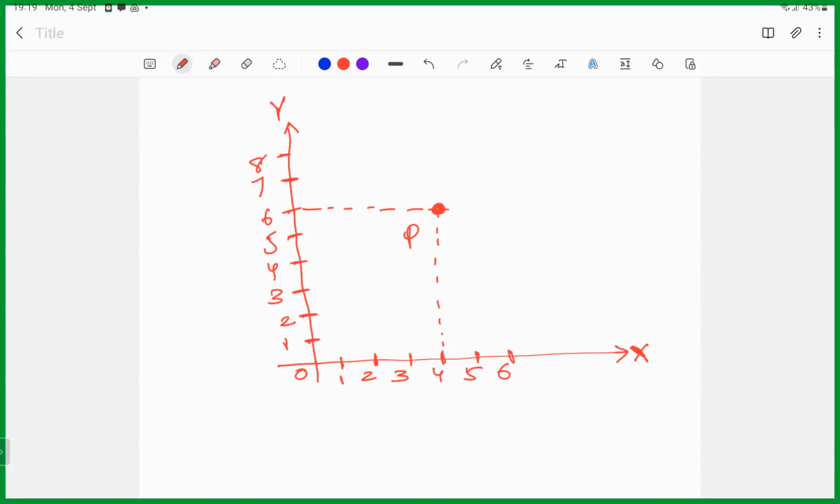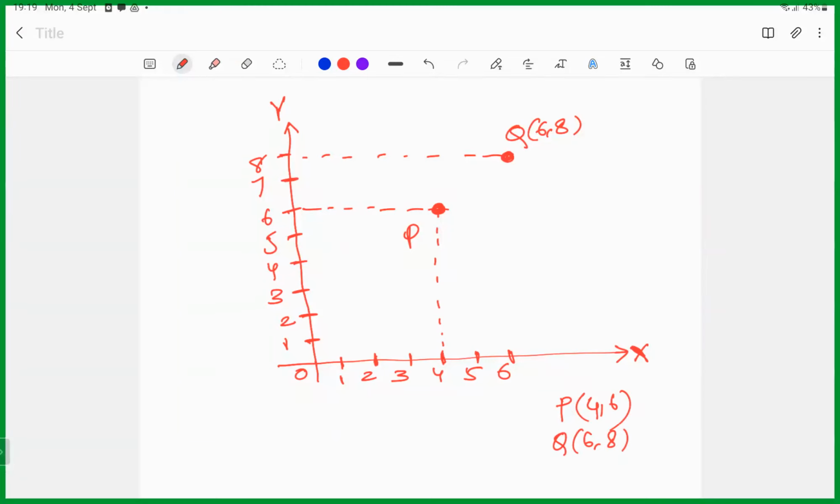So a point is represented like this. If the point name is P, then (4, 6). If the point name is Q, then (6, 8). Like that we'll represent: P(4, 6), Q(6, 8).